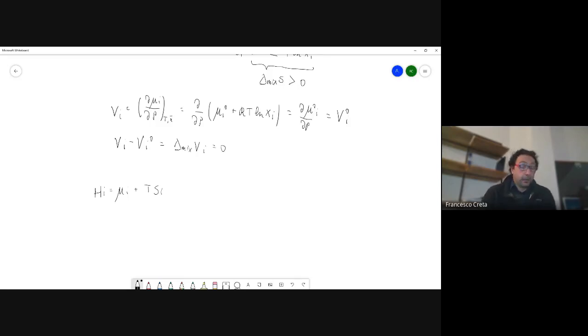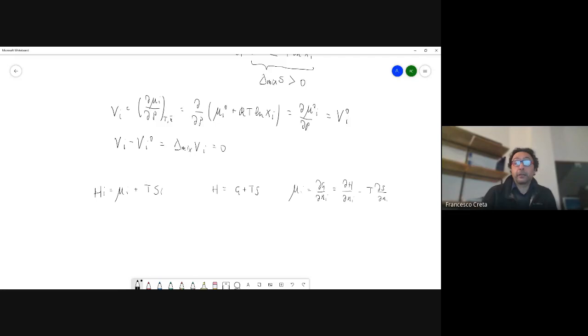You can prove this from essentially H equals G plus TS, and the fact that mu i is equal to dG by dNi, et cetera. This would be equal to dH by dNi minus T dS by dNi.